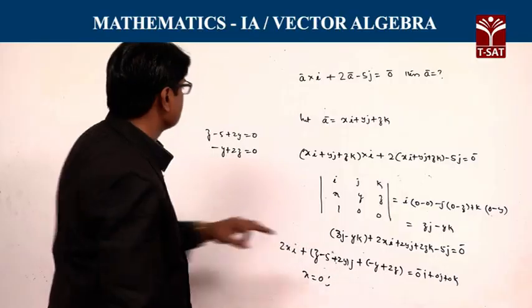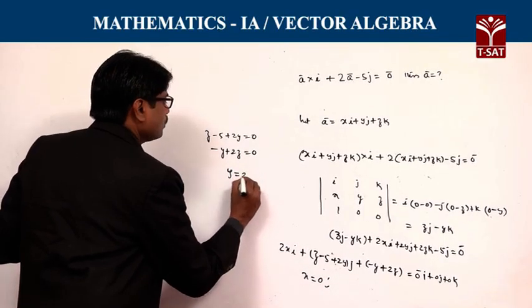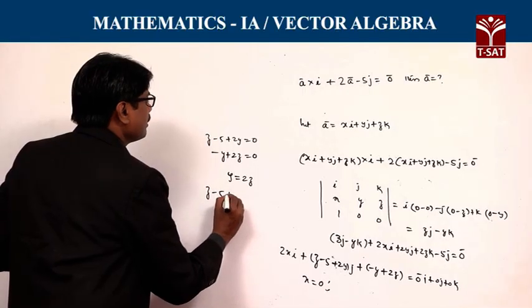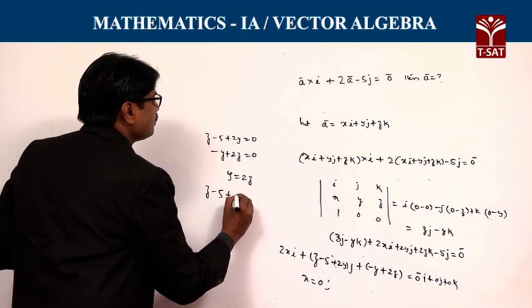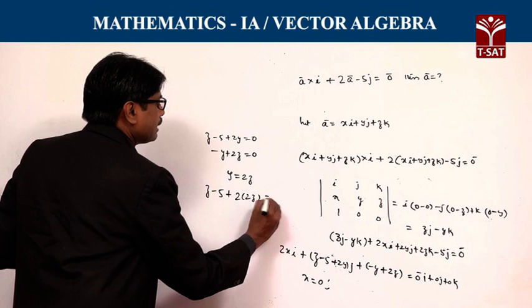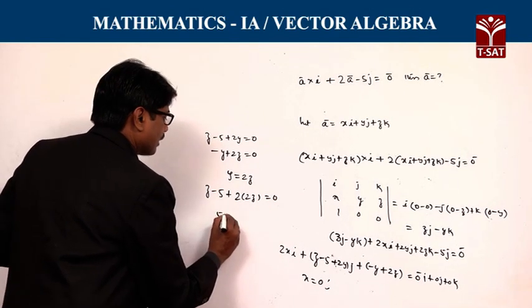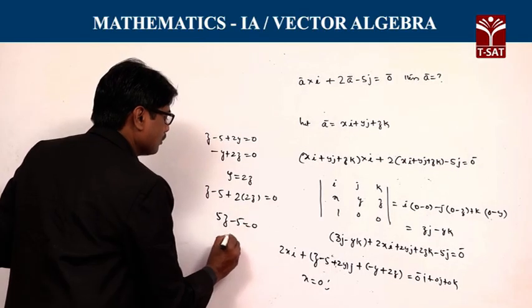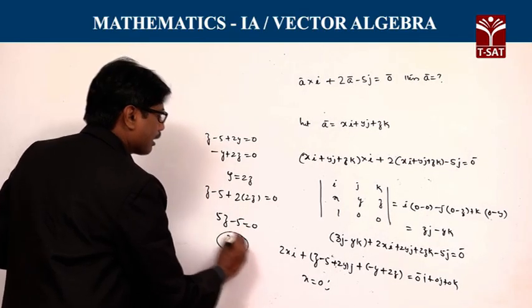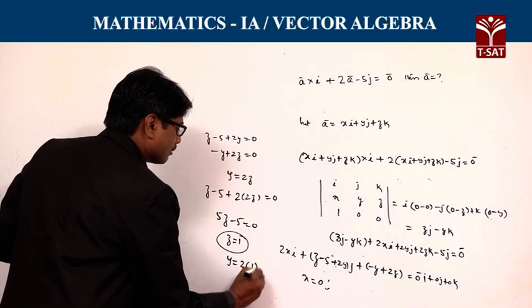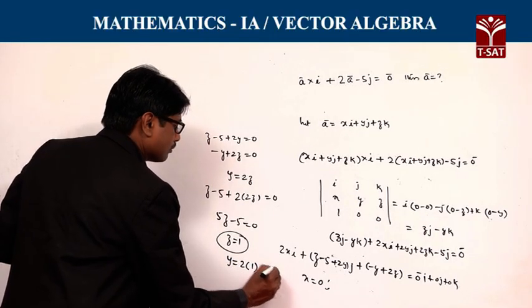So y is equal to 2z. Substituting this value in the other equation, z minus 5 plus 2 times of 2z is equal to 0. 4z plus z, 5z minus 5 is equal to 0, so z equals 1. Substituting z equal to 1, y is equal to 2 times of 1, that leads to y equal to 2.